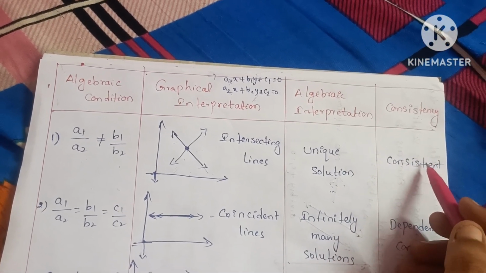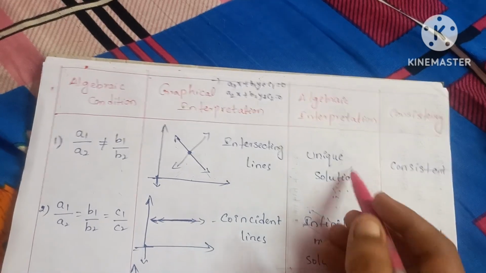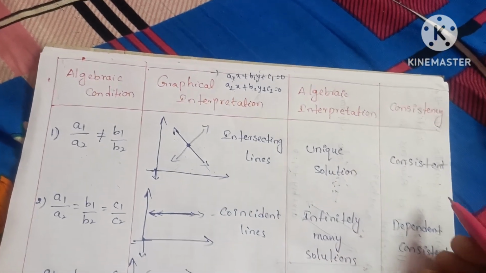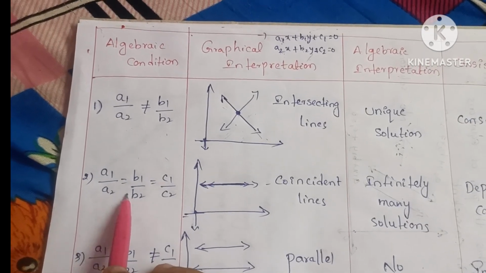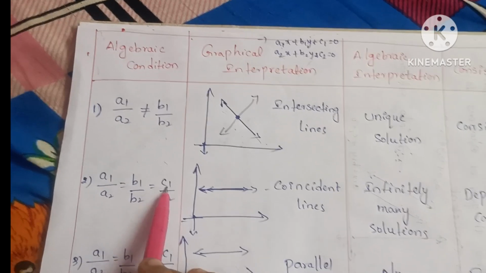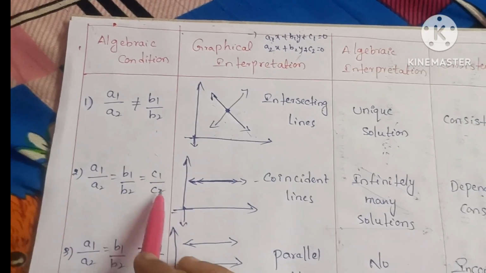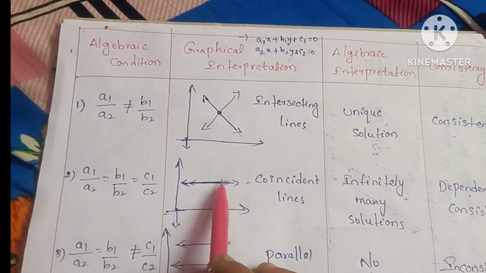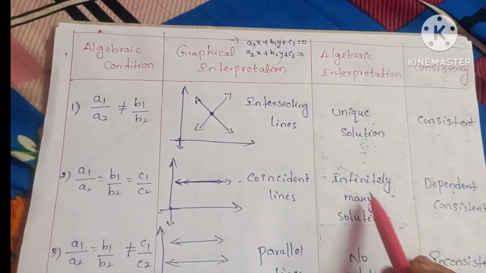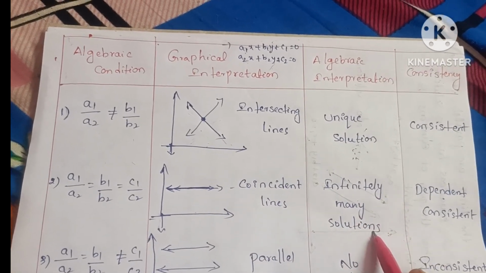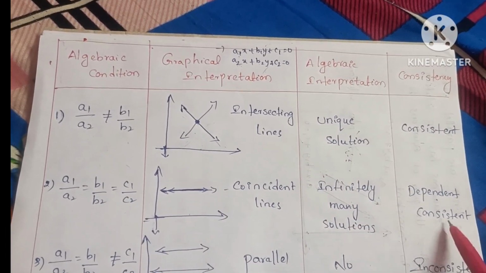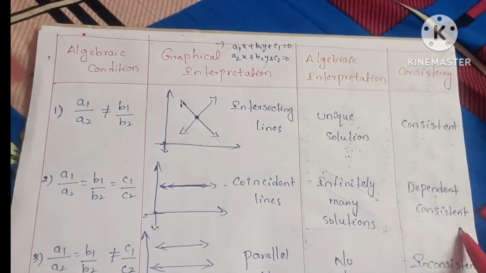Next one, consistency. If the two equations are consistent, they are also consistent. Second one, a1 by a2 equals b1 by b2 equals c1 by c2. In this, the lines are coincident. In this case, infinitely many solutions are there. That time the consistency is dependent consistency.